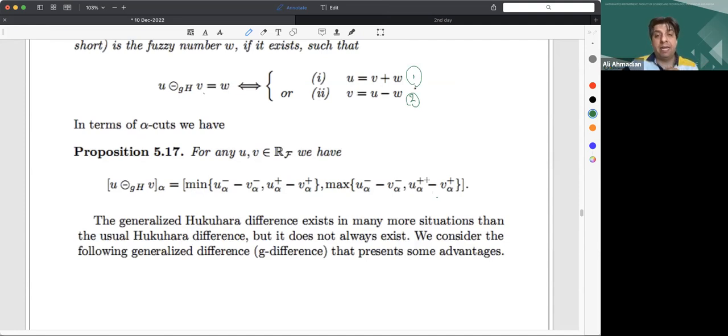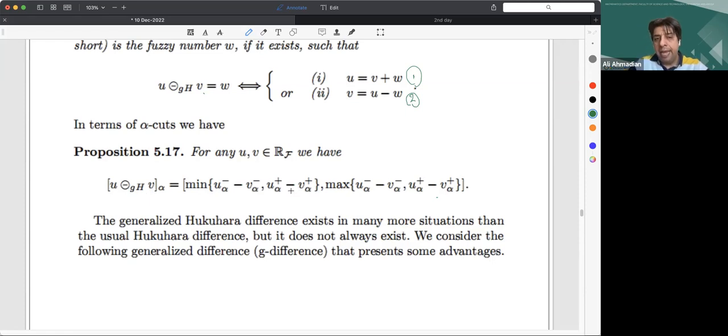It tells us that if we want to make a difference of these two fuzzy numbers under generalized Hukuhara difference, then at first you make a difference: lower bound minus lower bound, upper one minus upper one.